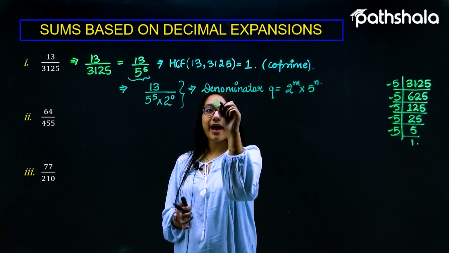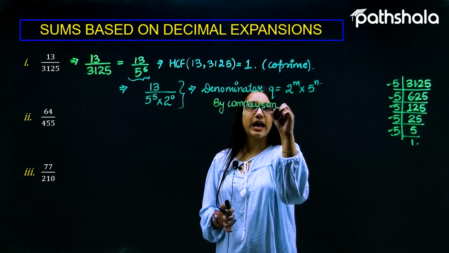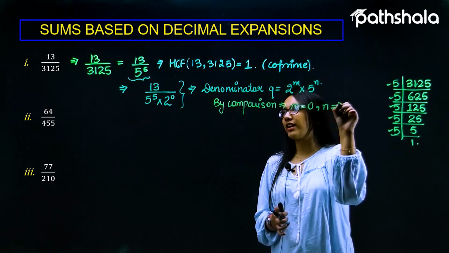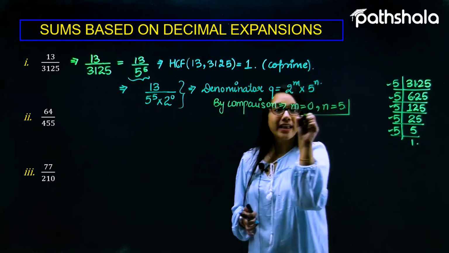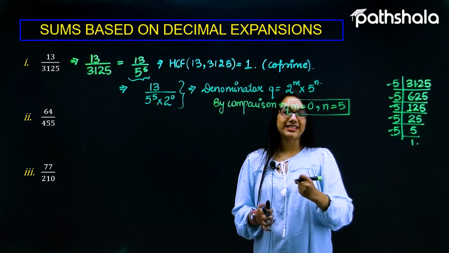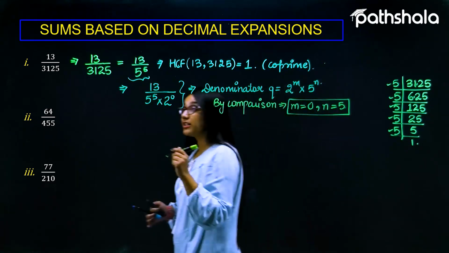By comparison, the value of m over here is 0 and the value of n is 5. So hence it is a terminating decimal expansion. The answer over here is terminating.